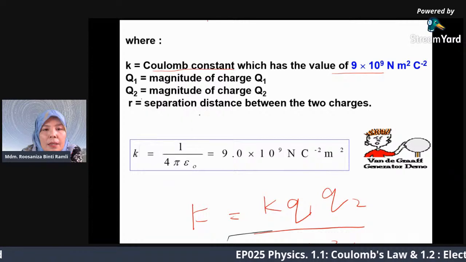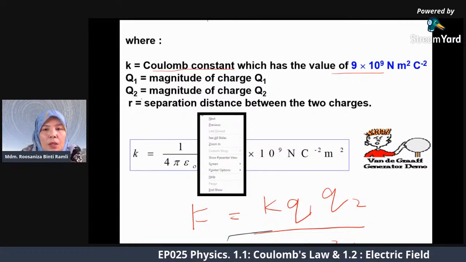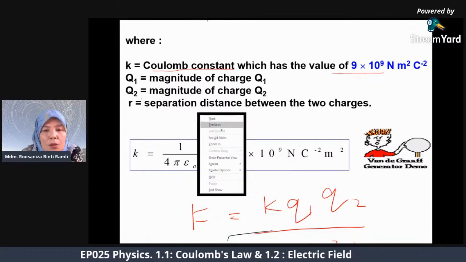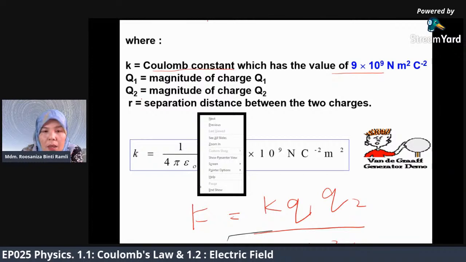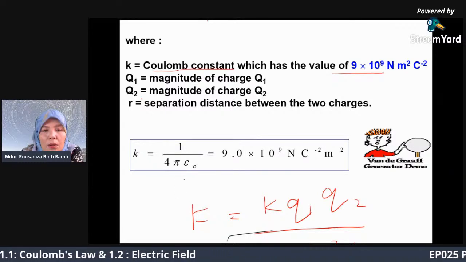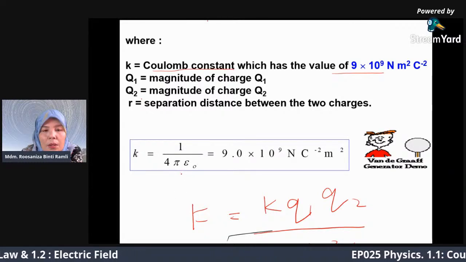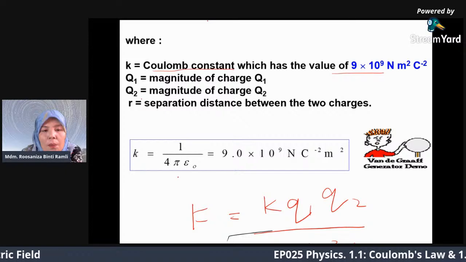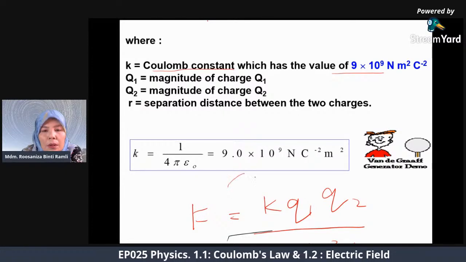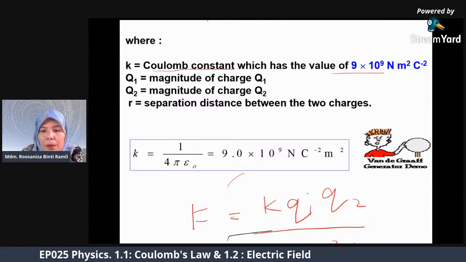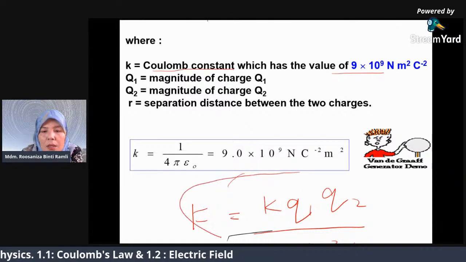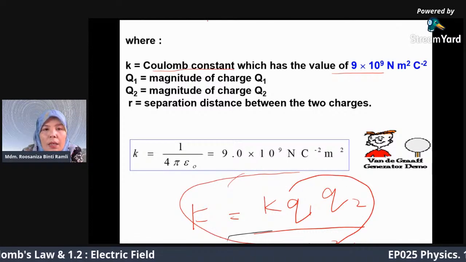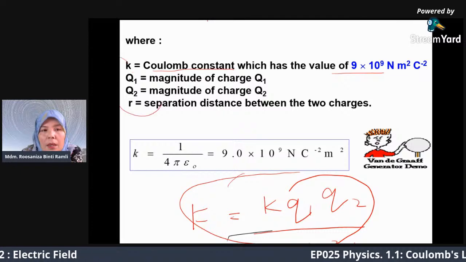And R is the separation distance between the two charges. The value of K can also be obtained from the equation 1 over 4 pi epsilon naught, which is equal to 9 times 10 to the power of 9. So this is the equation for Coulomb's law and these are the parameters.